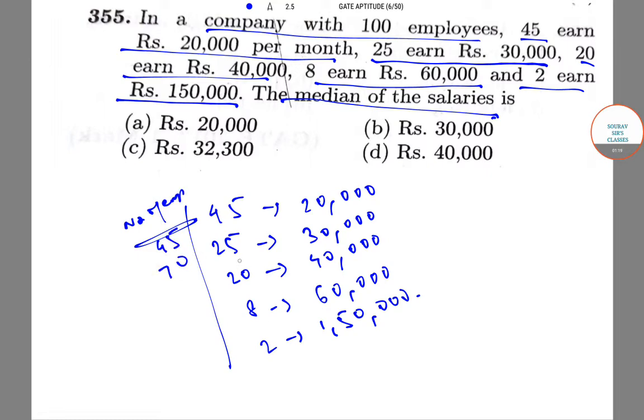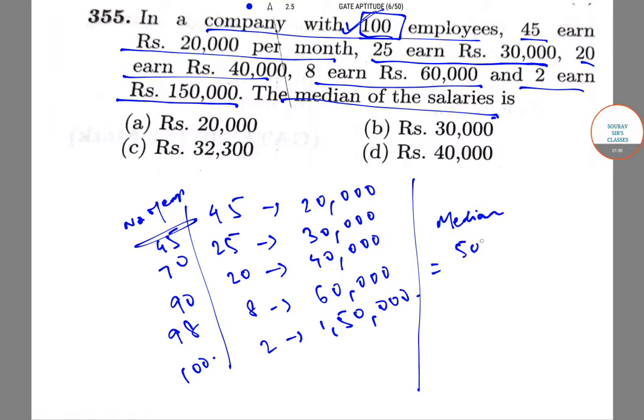So, if I calculate the cumulative frequency of the number of employees, I get 45 plus 25, 70, plus 20, 90, 98 and 100. Now, since the total number of observations is even, that is 100, the median would be the 50th observation plus the 51st observation by 2.